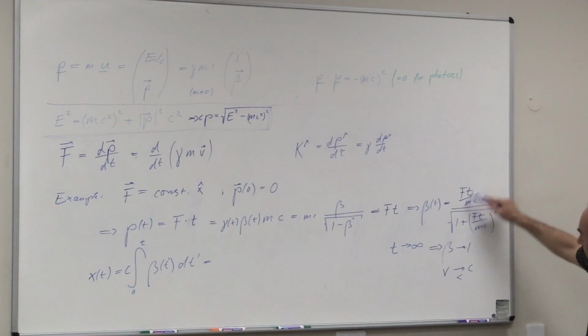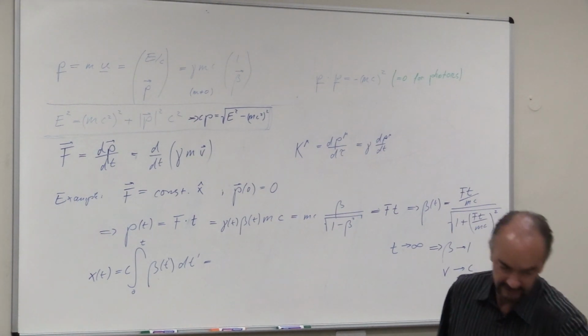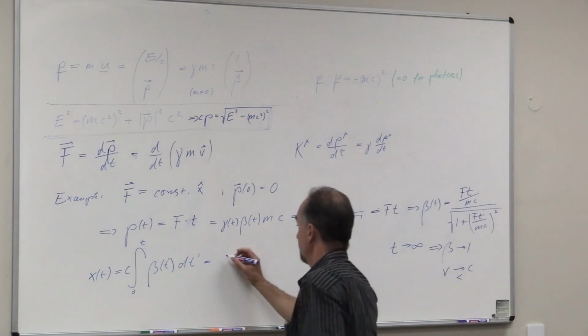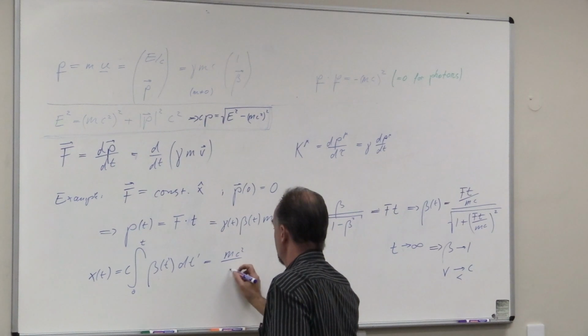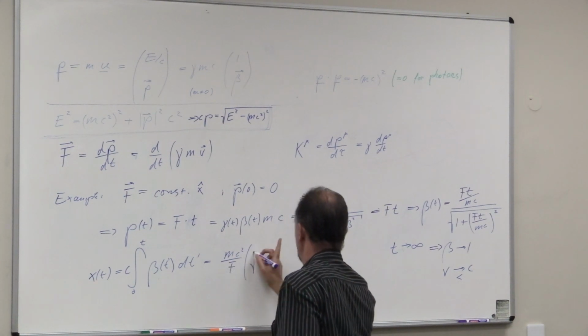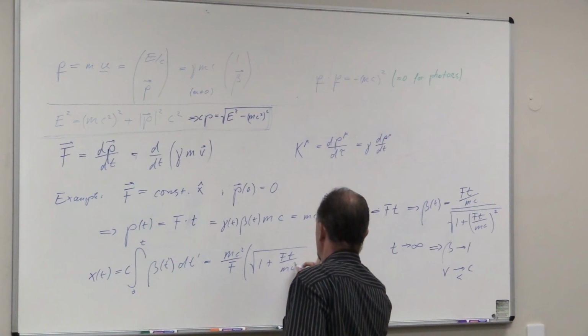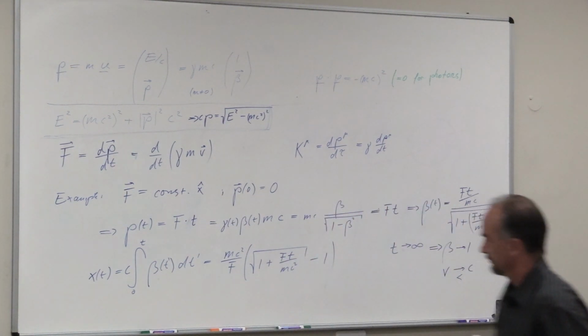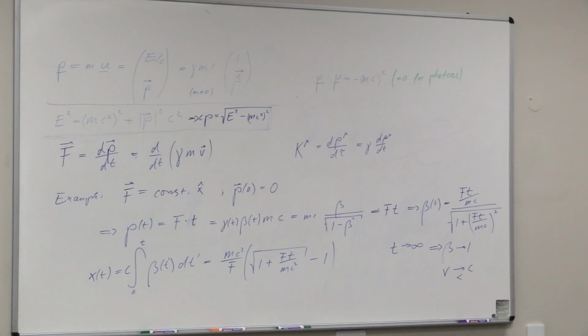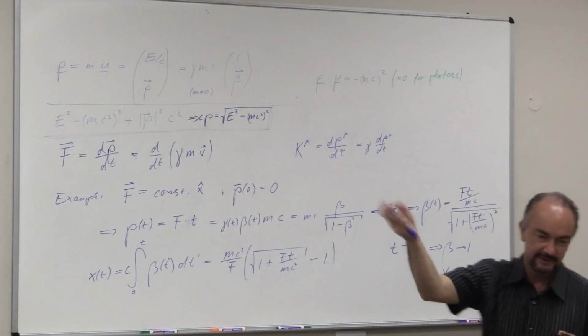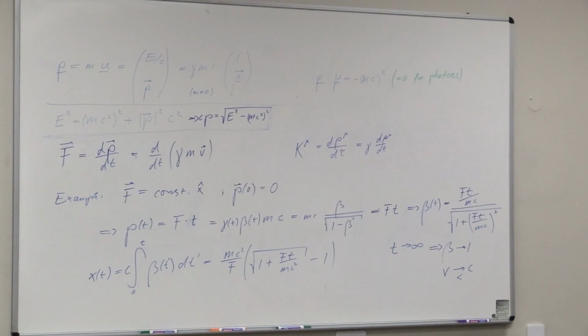You have t over the square root of 1 plus something times t squared, so it gives us c squared over F times the square root of 1 plus (Ft over mc) squared, and so on. But the main point is that you can increase the momentum by exerting a force, but you never exceed the speed of light, as expected.